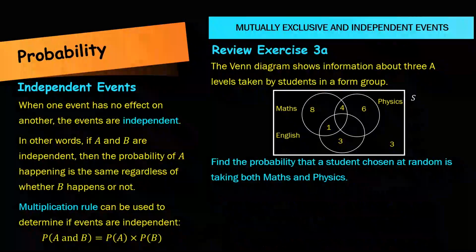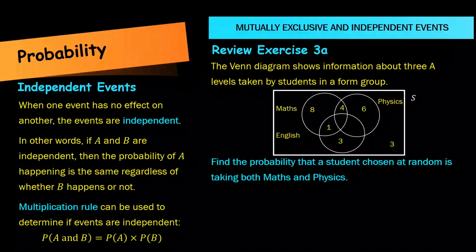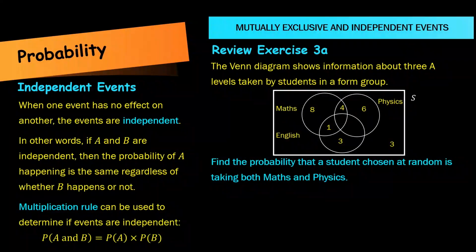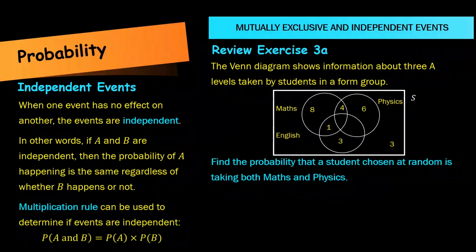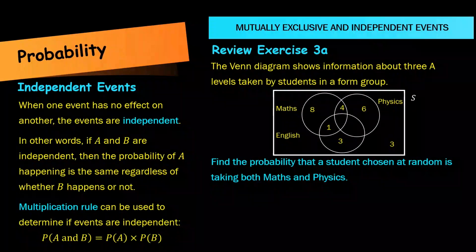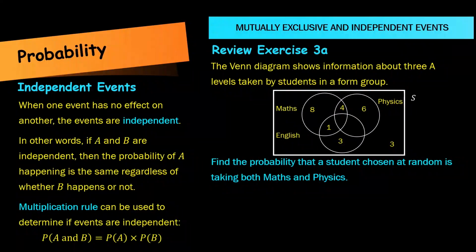So let's solve example 3A first. The Venn diagram shows information about 3 A-levels taken by students in a form group. Find the probability that a student chosen at random is taking both maths and physics. So let's solve this.